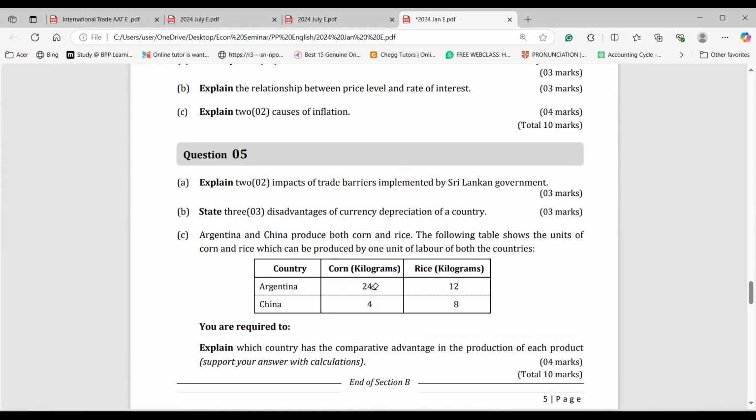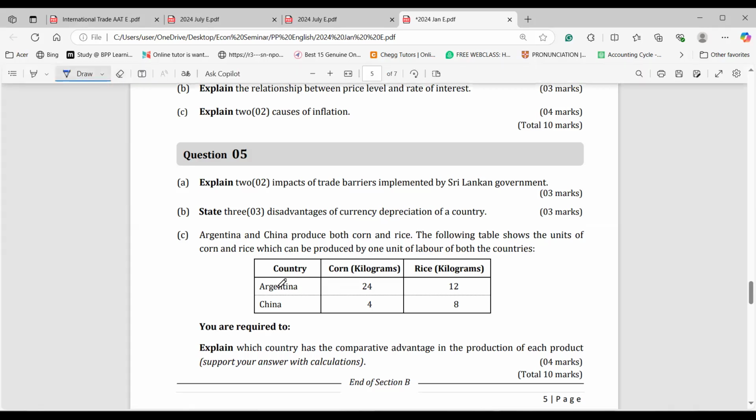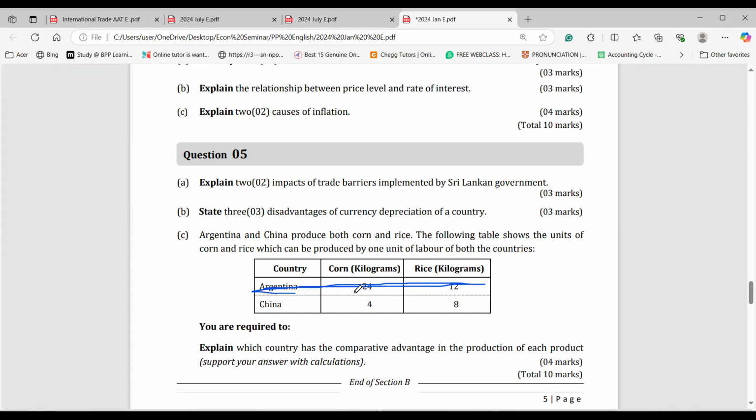And remember, you have to take your figures correctly to calculate the opportunity cost, otherwise you make mistakes. When you calculate opportunity costs of each product in China, how do you do that? Assume that the other country is not available. Now China.